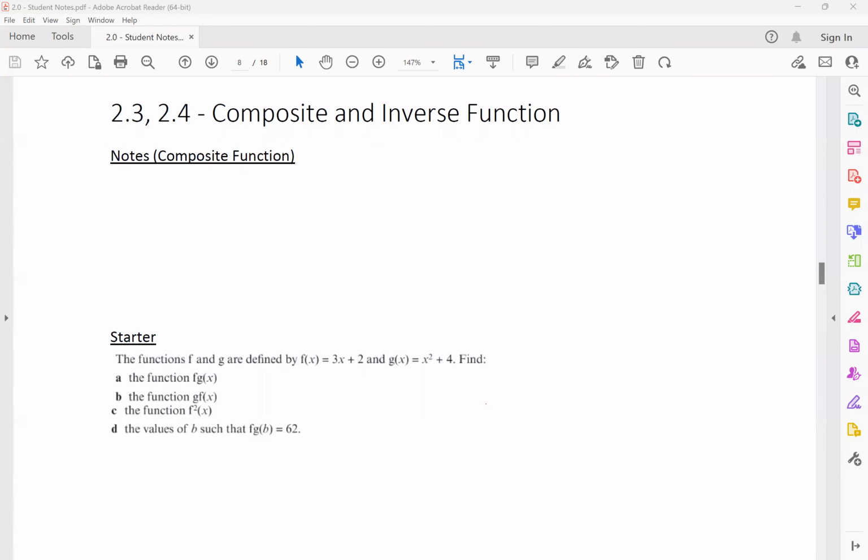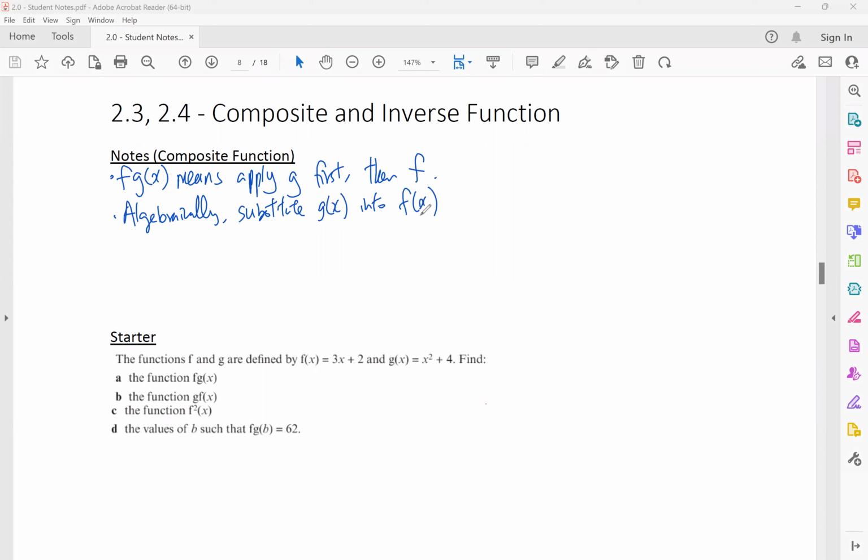Start with the basics. First of all, we know f of g of x means we apply g first and then f. So algebraically, we substitute g of x into f of x.